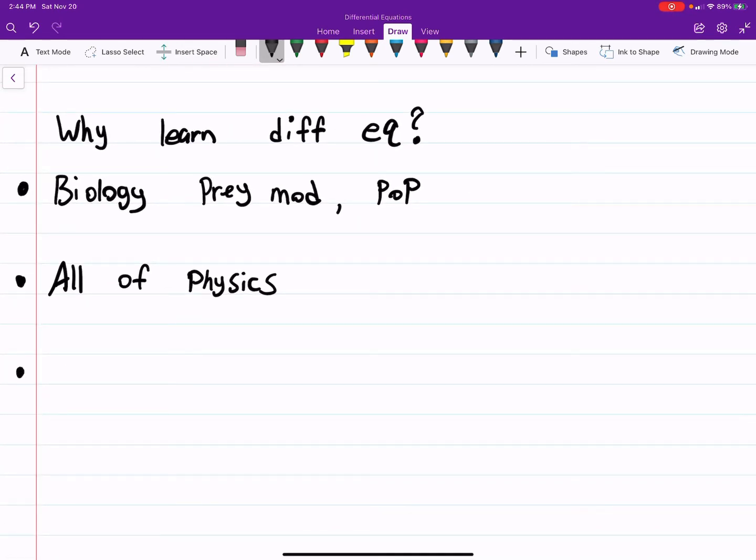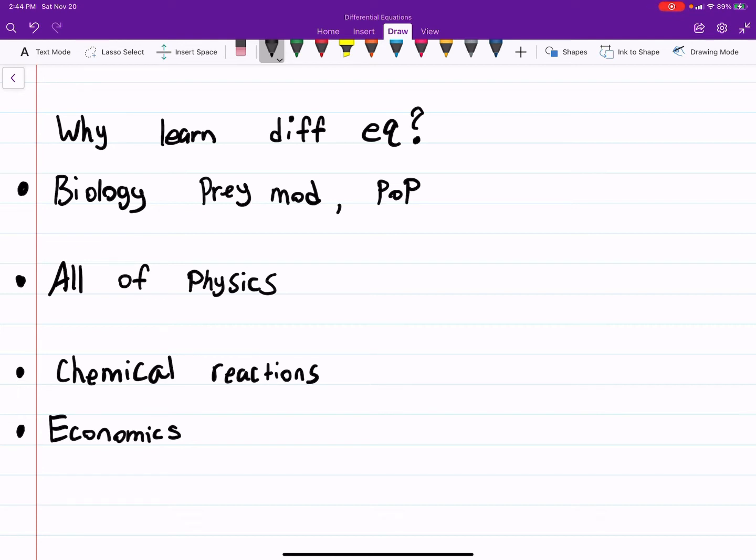Chemistry. I don't do much chemistry, but if you look at chemical reactions and rates of change, that's an example of using differential equations. Another one I don't really use, but it's in economics, it's in banking, it's in all sorts of different stuff.